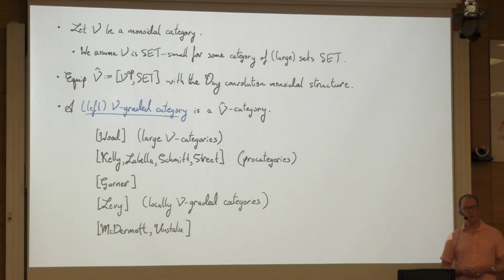And then a further advantage of V-graded categories is that we don't need to assume anything about the base V, the monoidal category V, because the base of enrichment that we're employing here, V-hat, is always biclosed, complete, and cocomplete. So we can apply the methods of category theory enriched in a biclosed, complete, and cocomplete category.